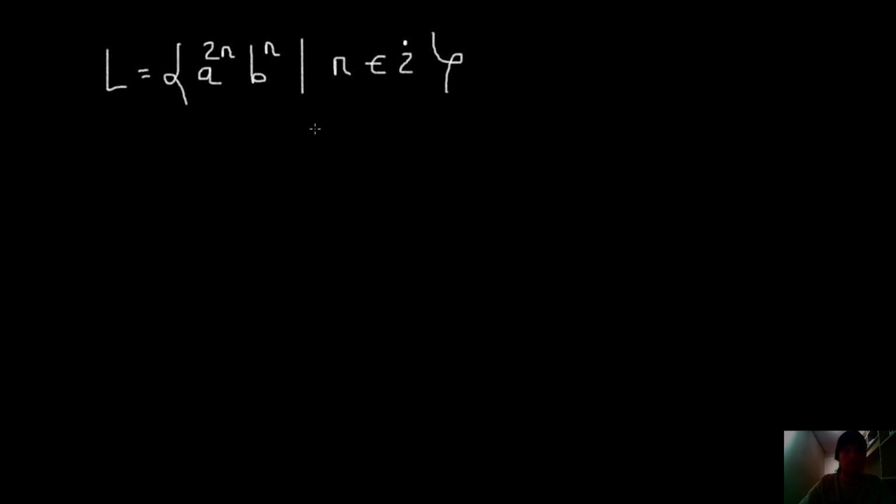Some words that belong to this language, for instance, if n is equal to 1, this cannot happen because n needs to be a multiple of 2. So, for instance, if n is 2, we have this word w here, a raised to 2 times 2, this gives us a raised to 4, which is 4 times this value a, and then we have 2 times b, so we have this word.